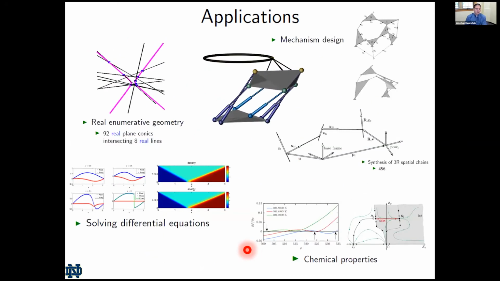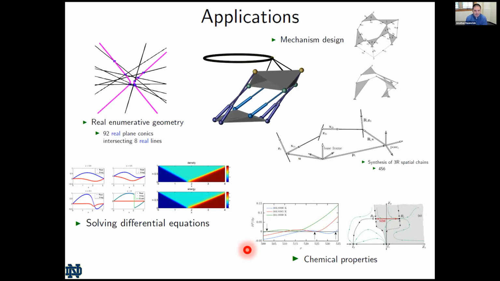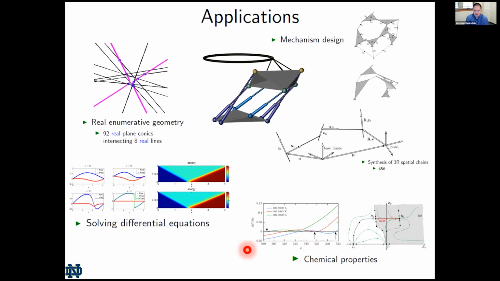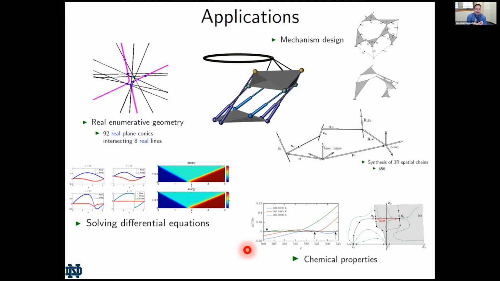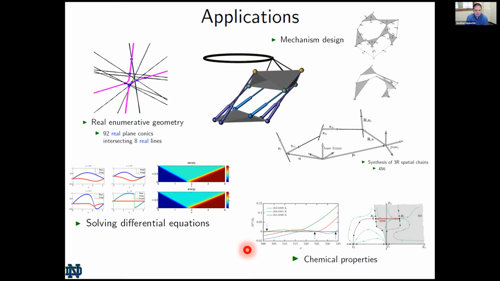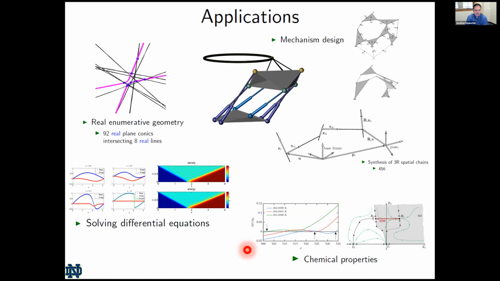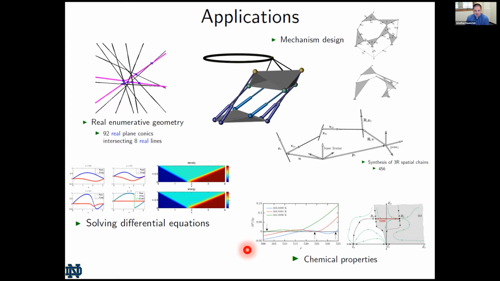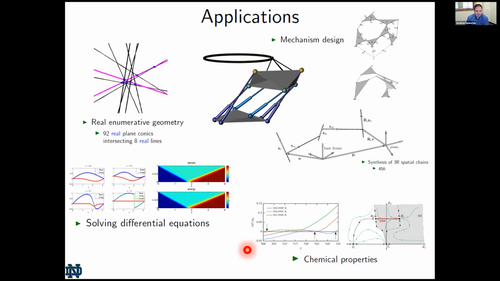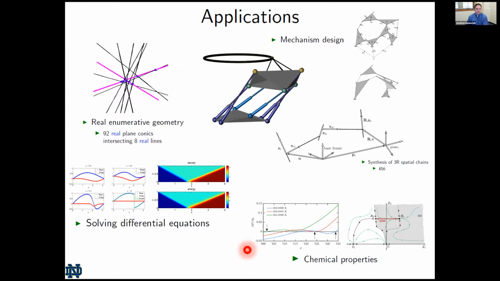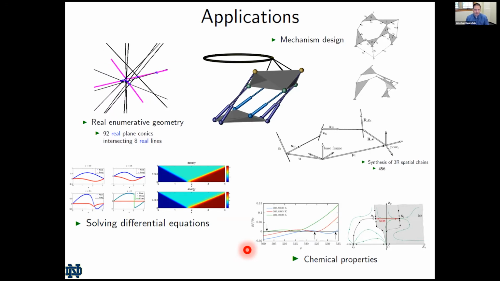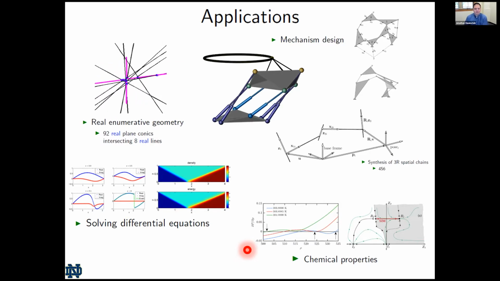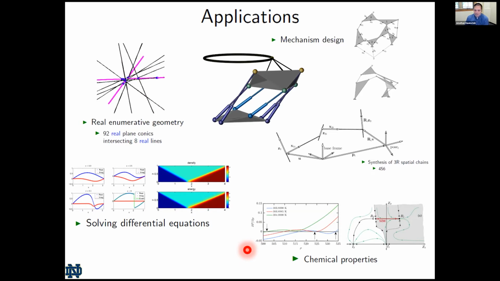And there are many applications that numerical algebraic geometry has been involved in. From the math side, there are lots of problems in real enumerative geometry that can be solved with numerical algebraic geometry. Mechanism design, which I'll give an example of today, and solving differential equations: you can discretize to get very nice but large systems of polynomial equations.